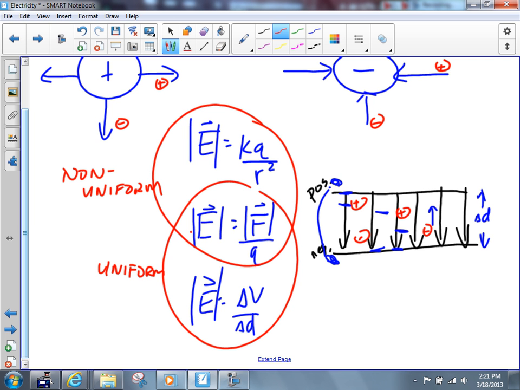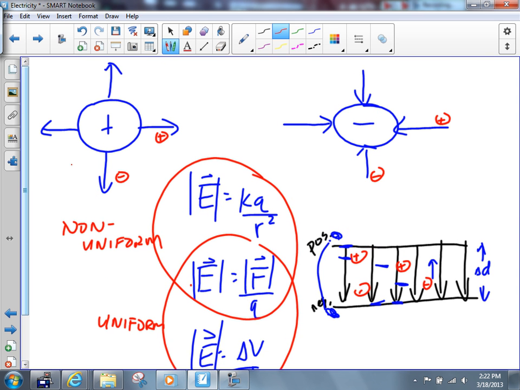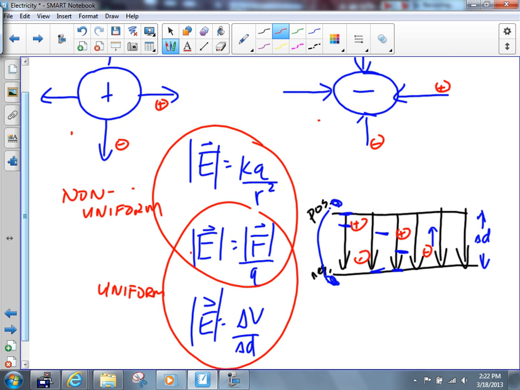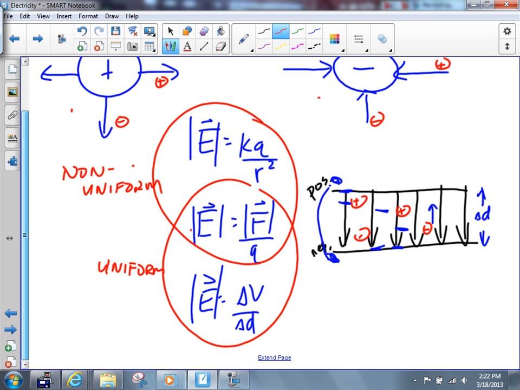It's the experiencer equation, and it can be used in either a uniform or a non-uniform field. As long as you have information about what's experiencing the field, you're allowed to use that, regardless of what kind of field you have. So if you ever find yourself with this, use one of the first two. With this one, use one of the first two. If you ever find yourself in this situation, use one of the last two.